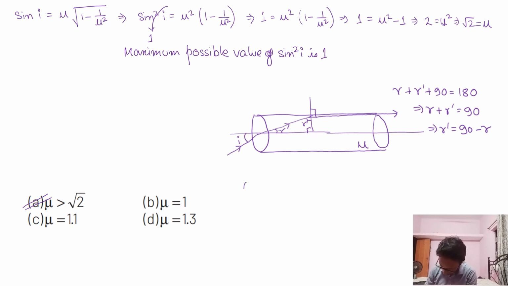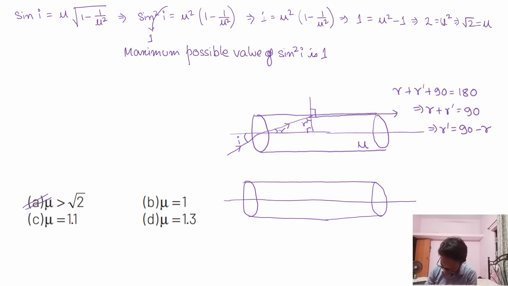So for this rod, what is the only thing I can control? The only thing I control in this rod is i. This is the axis. The only thing I can control is i.